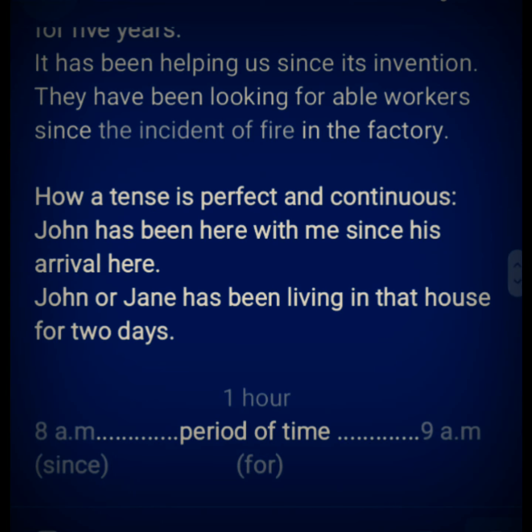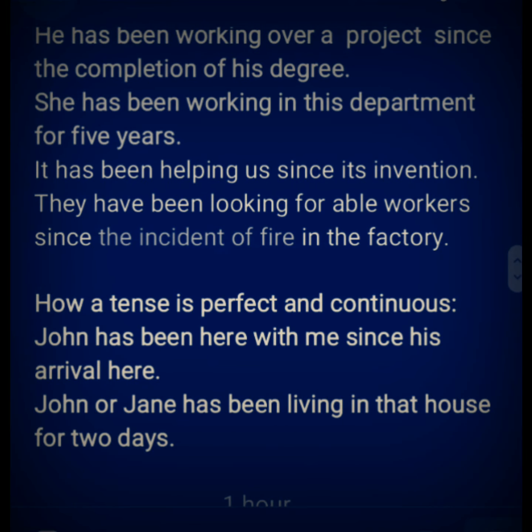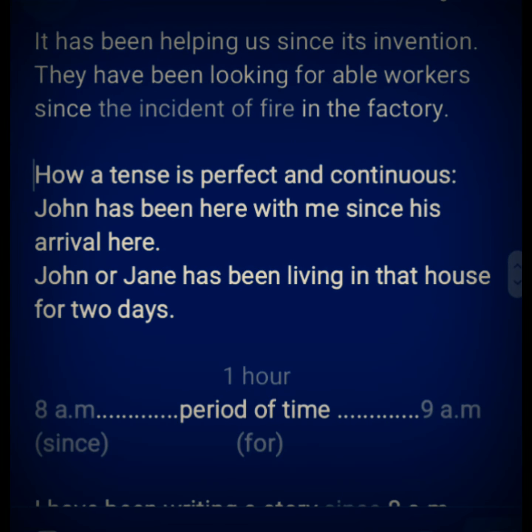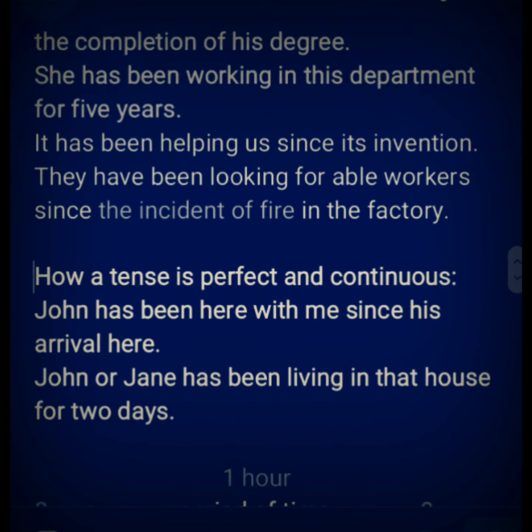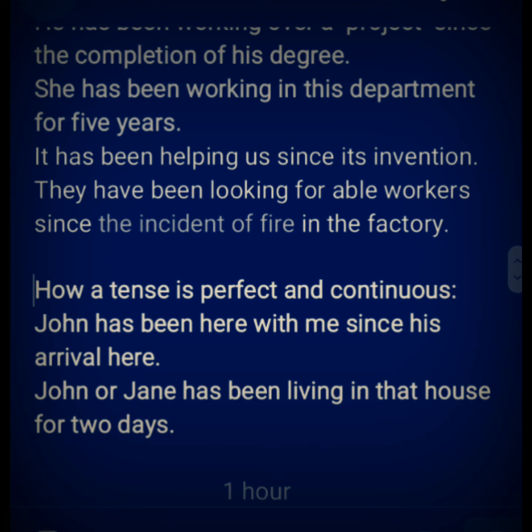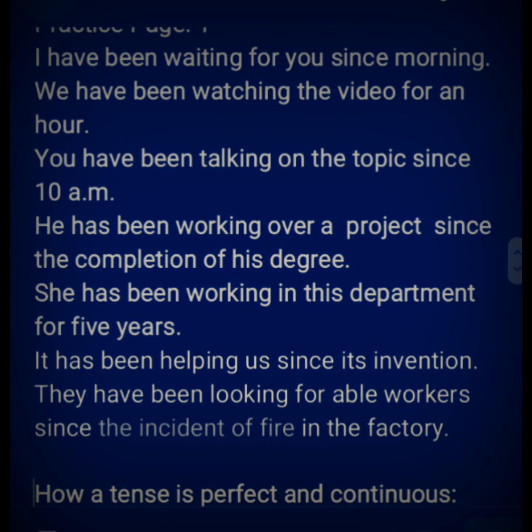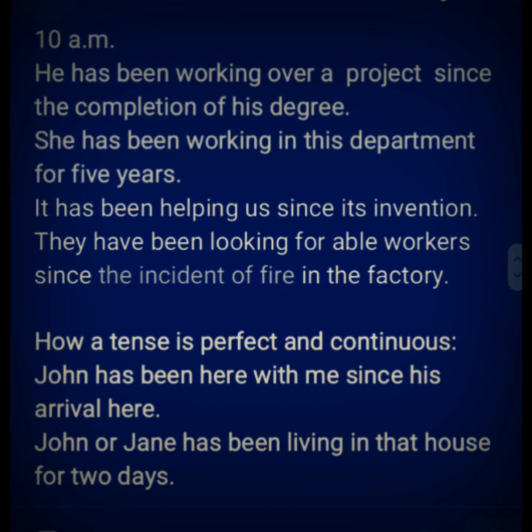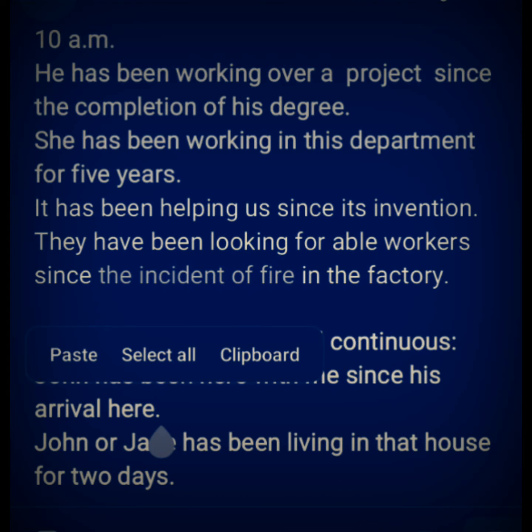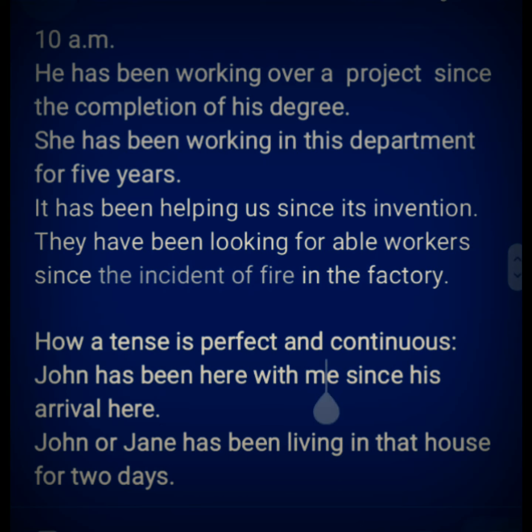I have already explained this in my previous lectures, but again I have to explain how a tense is perfect and continuous as well. These both tenses, number 7 and number 8, were perfect and continuous. John has been here with me since his arrival here.